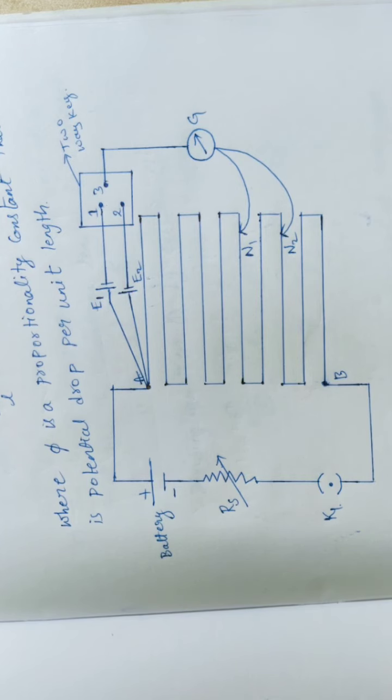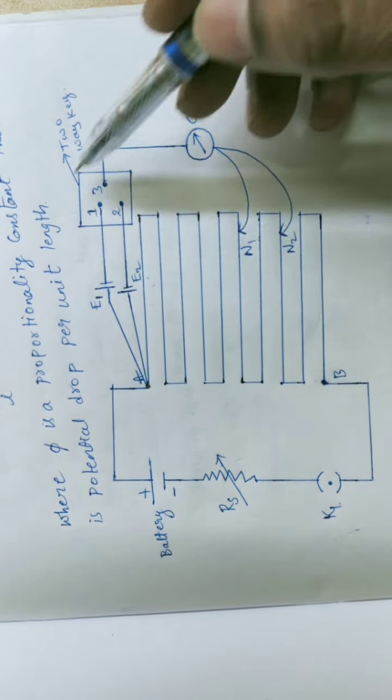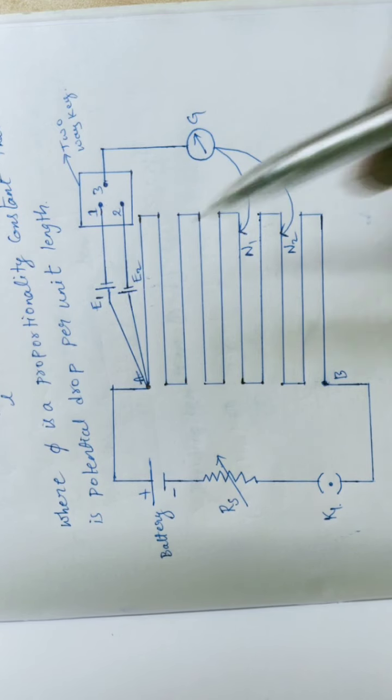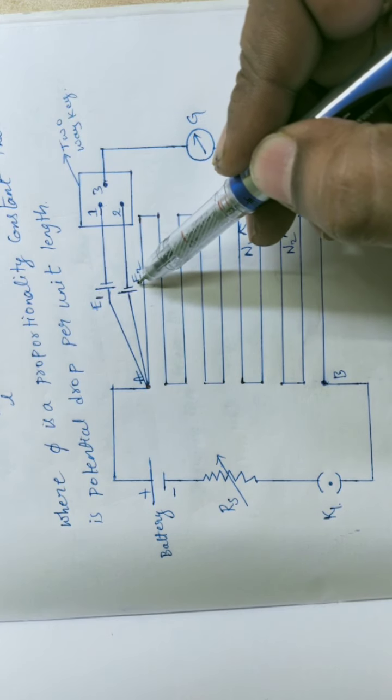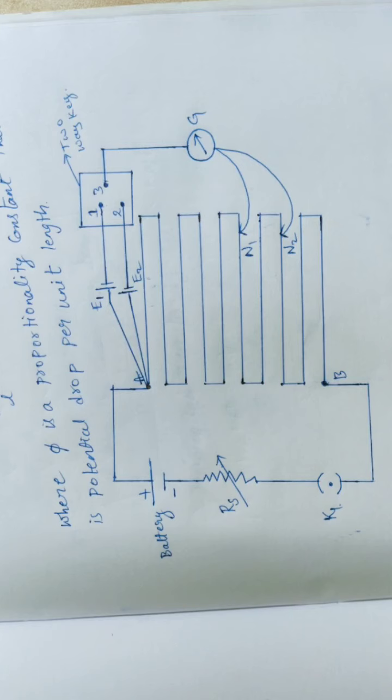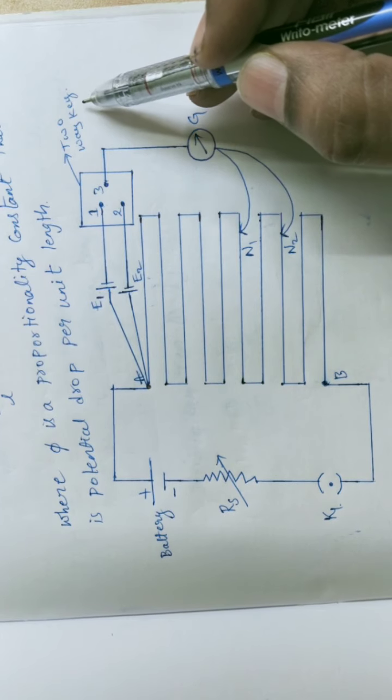Now we go to the secondary circuit. In the secondary circuit I am taking two cells. The first cell has EMF E1, and the second cell has EMF E2. These two cells are arranged parallel to each other, and this arrangement is connected to a two-way key.